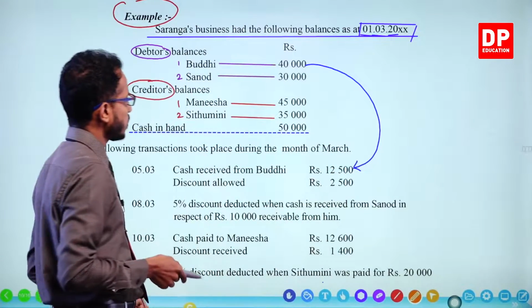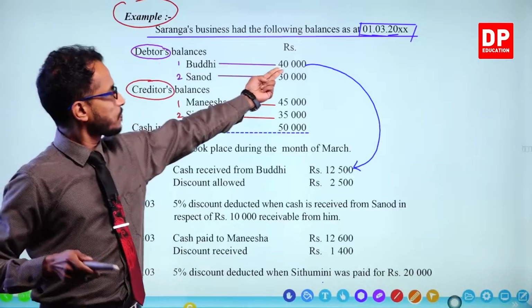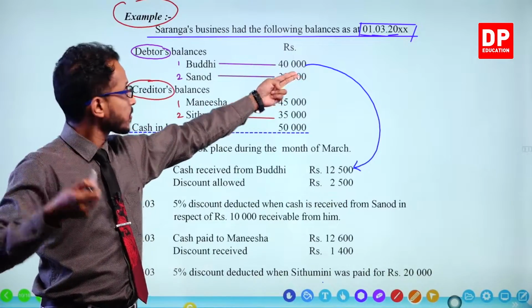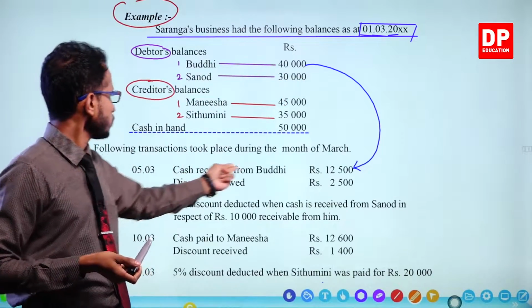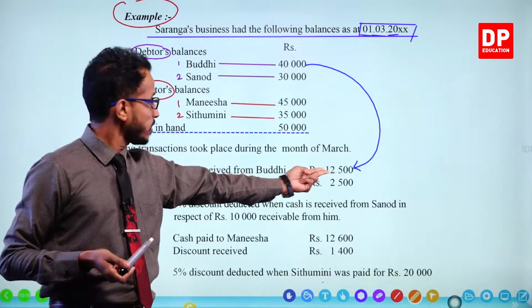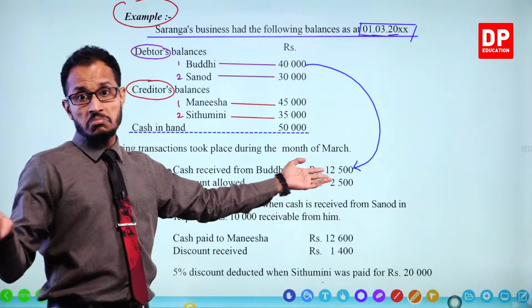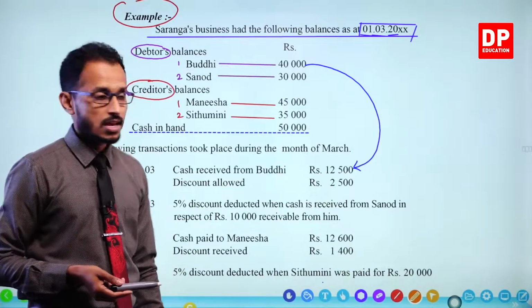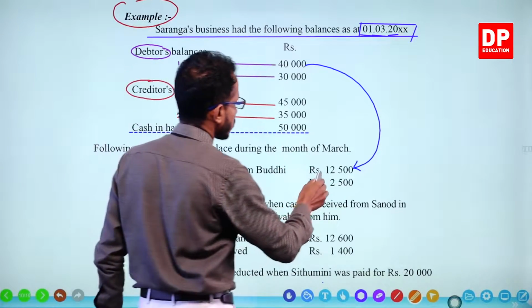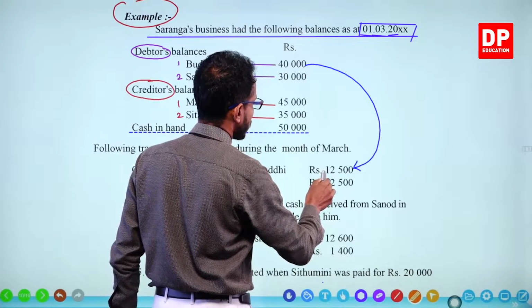Out of 40,000 that Buddhi had to pay, he has paid 12,500 and we have allowed him a discount of 2,500. There you go. Cash discounts.